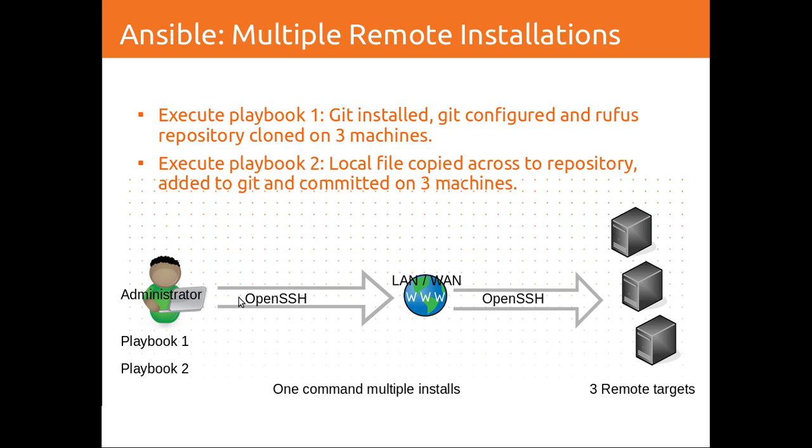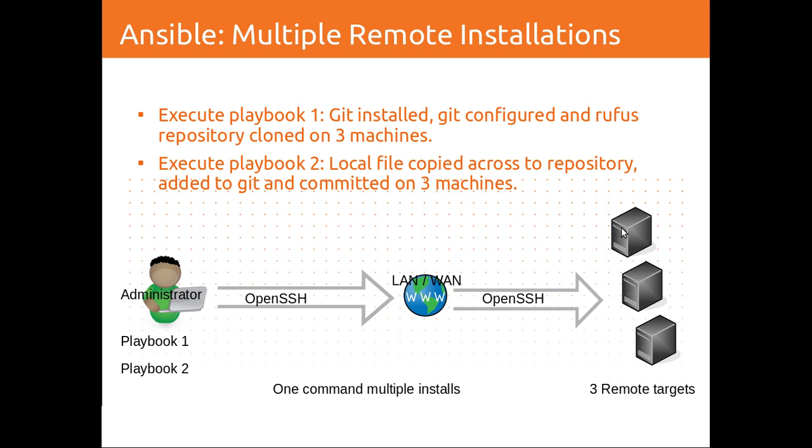Ansible uses OpenSSH to execute its commands in the playbook. The remote machines can be reached either through a LAN, a WAN, or the internet. Some will say all are the same.